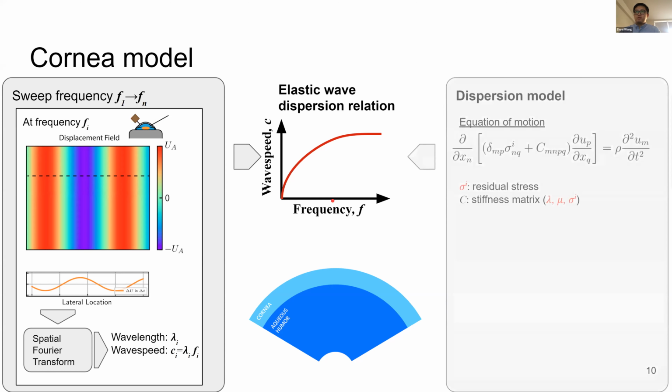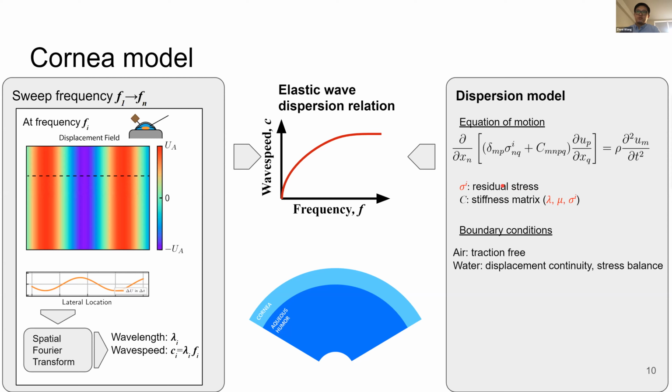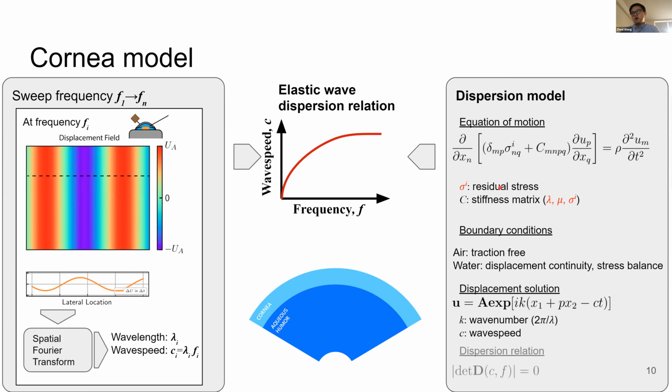We will then build a dispersion model that accounts for our previous assumptions, including the isotropic material properties and the residual stress. By applying the boundary conditions and also the displacement solutions, we can solve the dispersion relationship between the wave speed and the frequency.